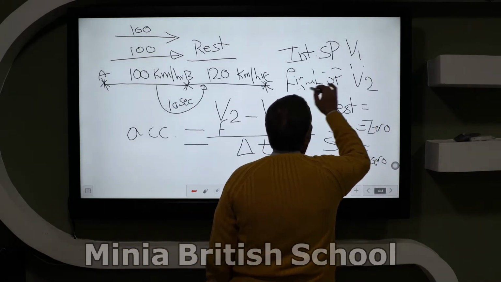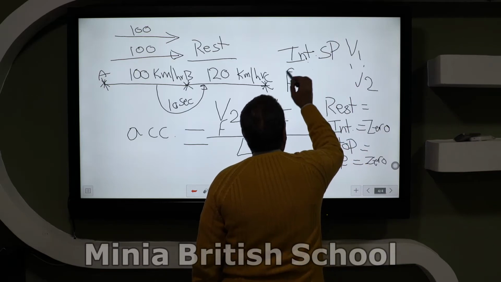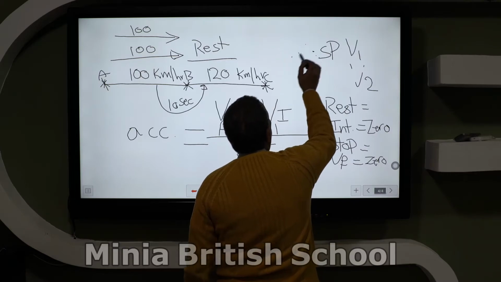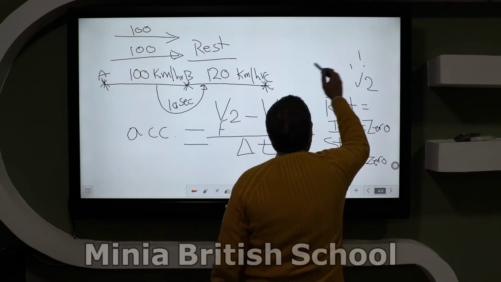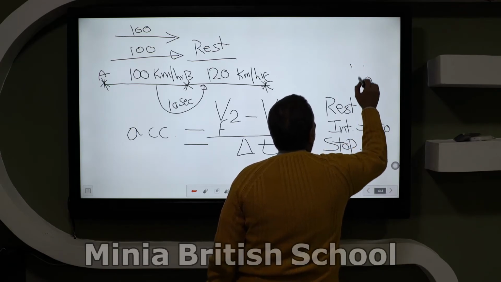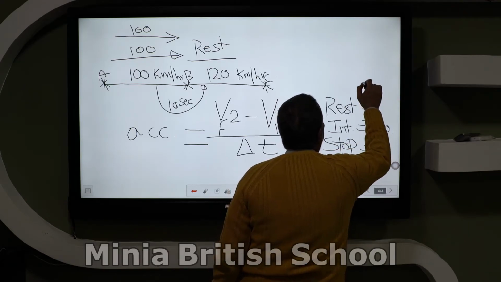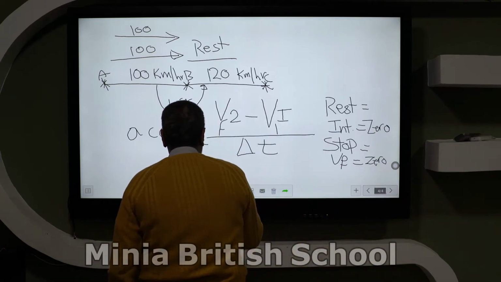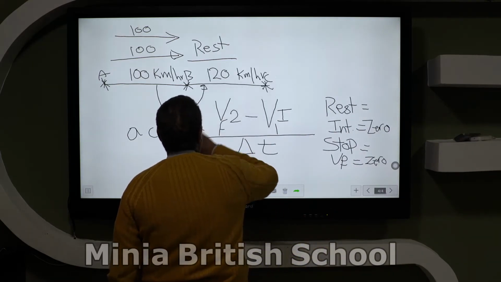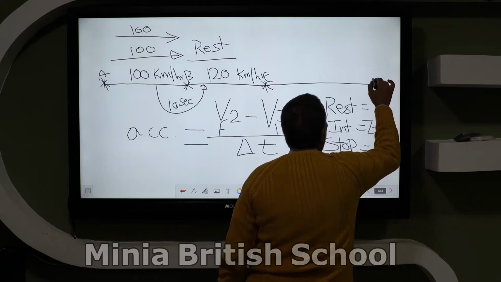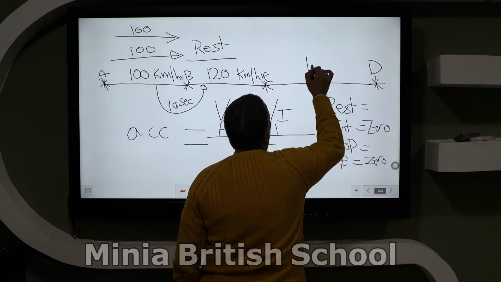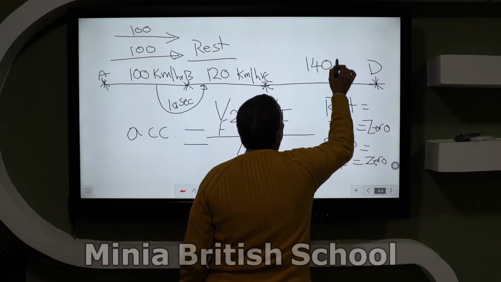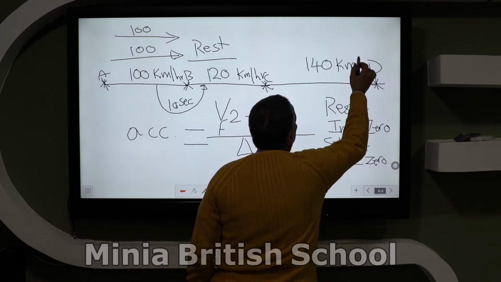I will add to this motion another motion, the third part from C to D. It will be 140 kilometers per hour.